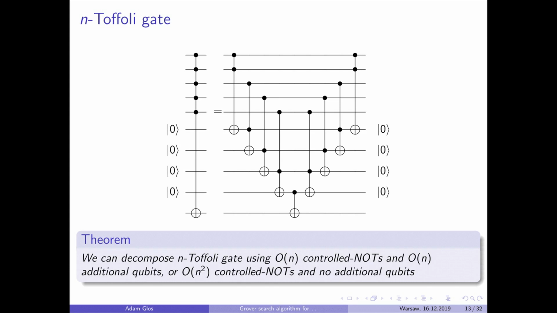Here is a little bit simpler one, which for n control qubits requires n minus 1 ancillary qubits, additional qubits. This is actually not a full decomposition because it is decomposed into Toffoli gates, but using the decomposition that I showed before, we can decompose it further into controlled-NOT and single qubit gates.